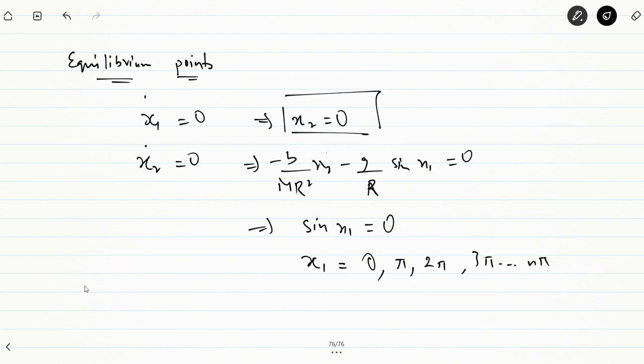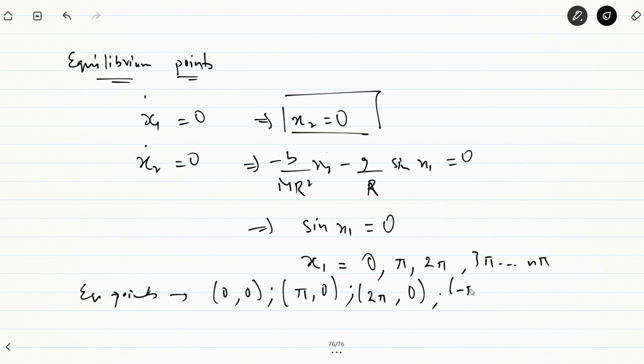So your equilibrium points are 0, 0, pi, 0, 2 pi, 0, you can even have minus pi, 0, and so on. You can simply state plus minus n pi, 0, where n is any natural number.